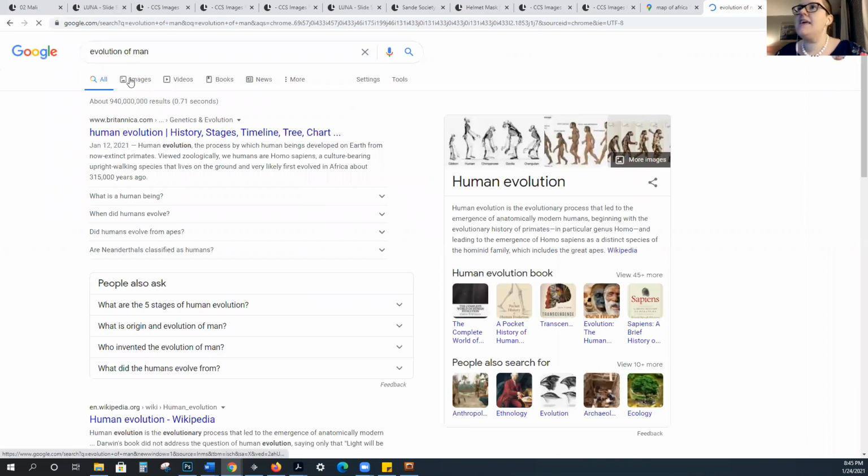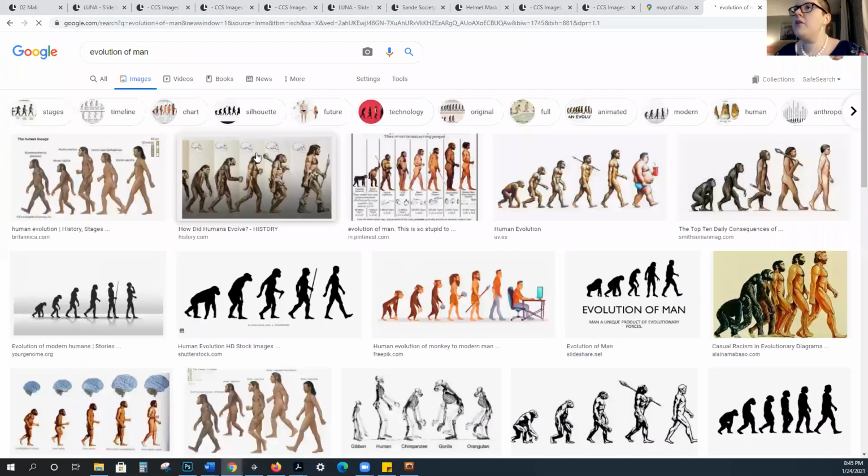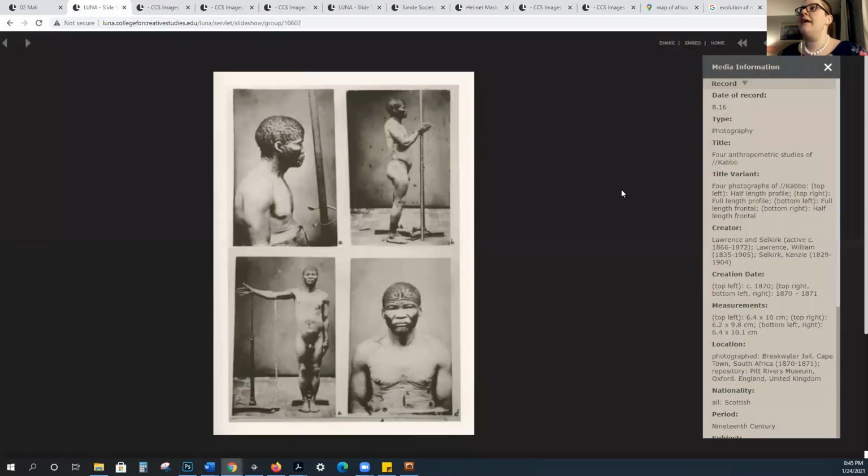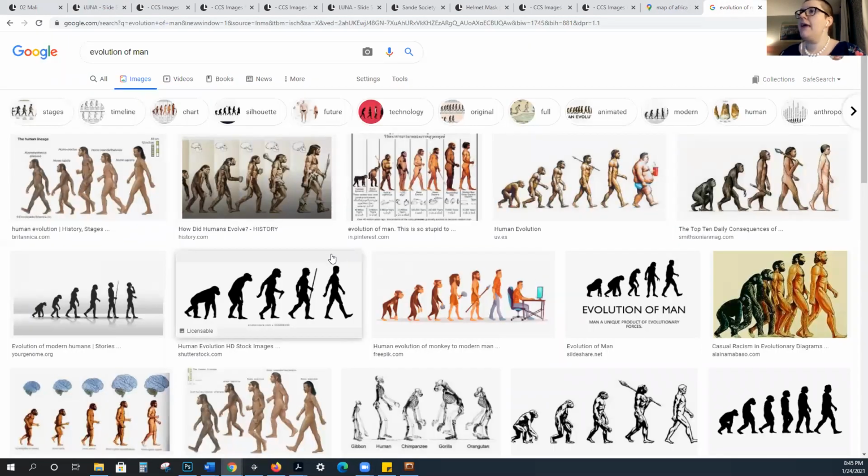Hopefully you are familiar with this idea of starting out hunched over and then progressively developing to where we are now. There was this idea that white Europeans were at the far right of this scale, and people who had different skin color were farther back in this evolutionary process.